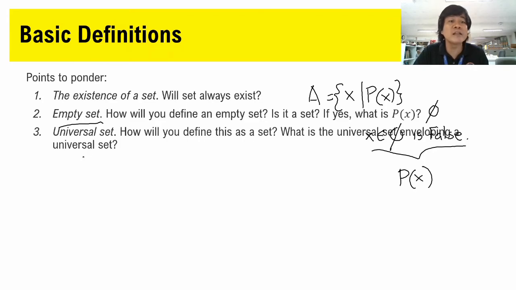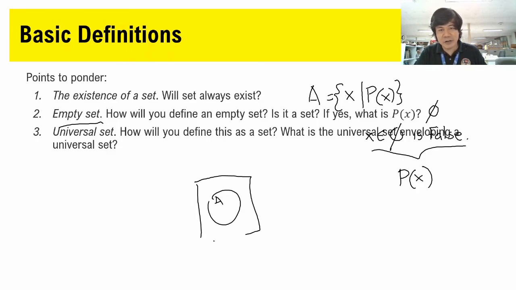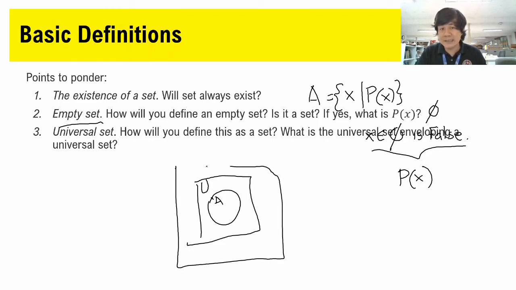And finally, how will you define the universal set? So question, if you have a set A, this is the universal set enveloping set A. So what is the universal set of the universal set? Can you simply say that this universal set, let us denote this as U sub 1.